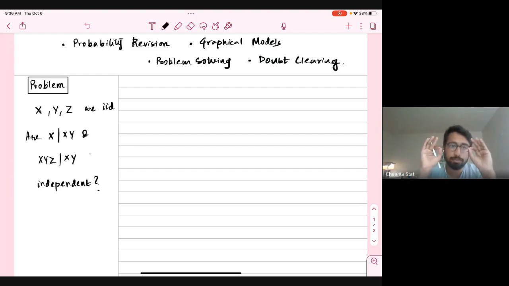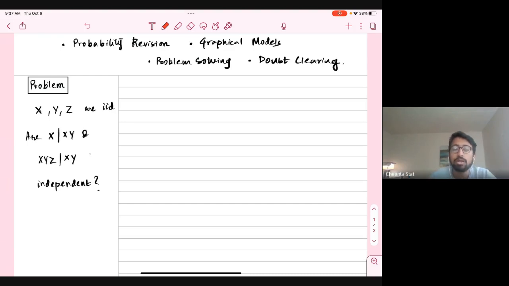If I start with a simple problem: if X and Y and Z are IID, or any independent distributions, then are X given XY and XYZ given XY independent or not? That's the question. If you want to think logically, using normal ways, you can say that XY is constant, so X is equal to c over Y, and XYZ is equal to cZ.